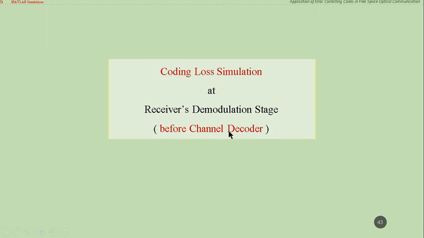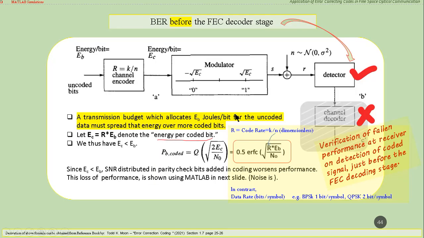But we will not see the decoding; we will first investigate what coding will result in. Coding will have more redundant bits, and those redundant bits will consume the transmitter power, and thus there will be more errors.